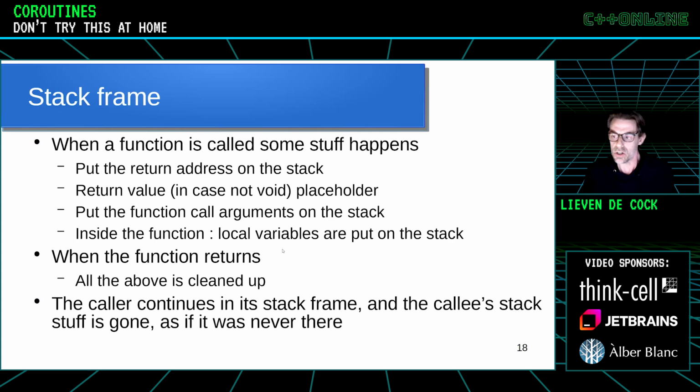If the called function has a return value, a placeholder is put in place on the stack where the called function then can fill in the value. And if the called function has arguments, all those function call arguments are put on the stack. And once we are inside the called function, we can have local variables. They are also put on the stack. And then the called function returns. And all of the above is cleaned up, as if it was never there.